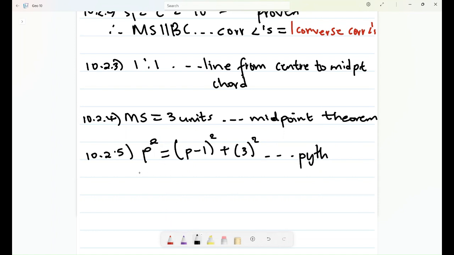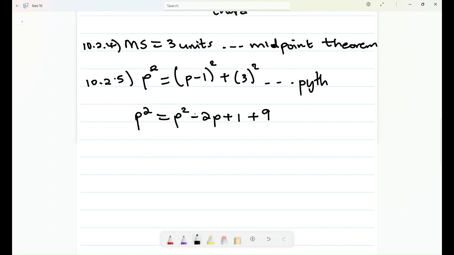Now, let's solve this mathematically. P squared is equal to, you square the first term, P squared. First term multiplied by second term, negative P multiplied by 2, negative 2P. Then you square the last term, plus 1, plus 3 squared, which is 9.